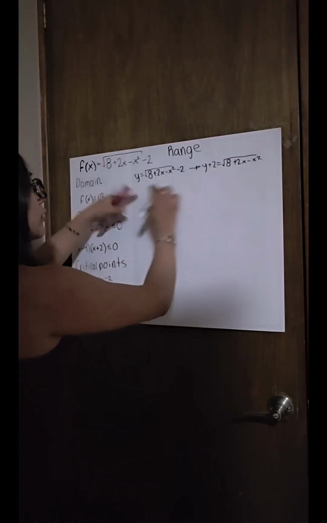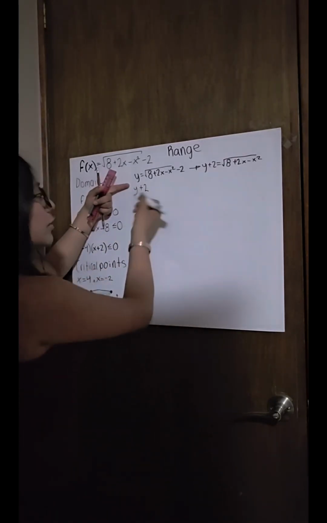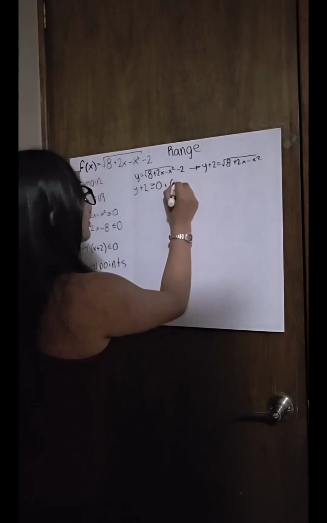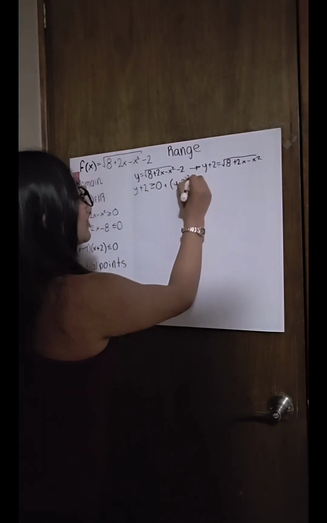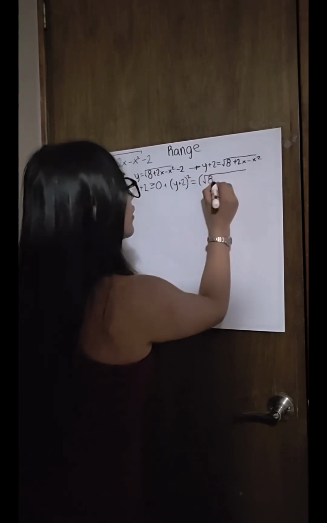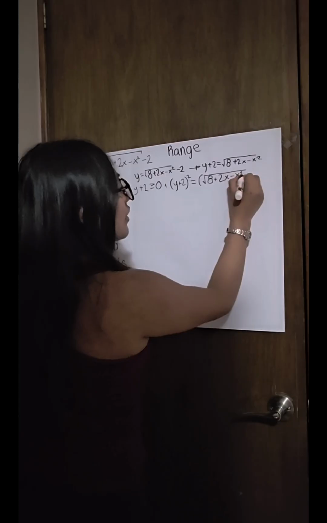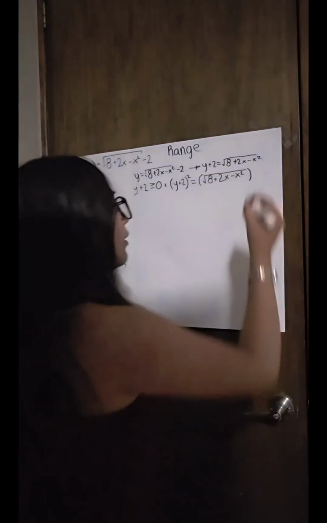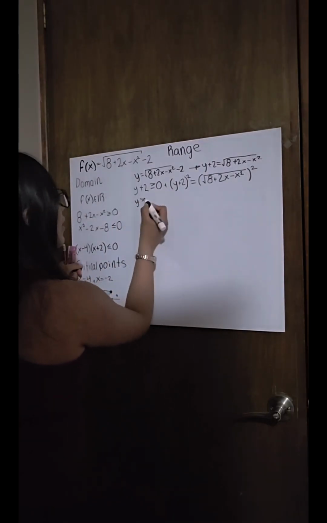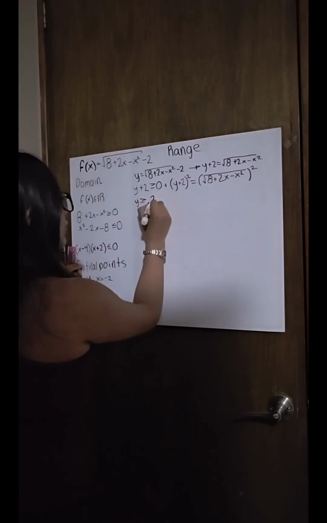So g plus 2 is greater than or equal to 0, and (g plus 2) squared is equal to the root of 8 plus 2x minus x squared squared, so we have to square it.